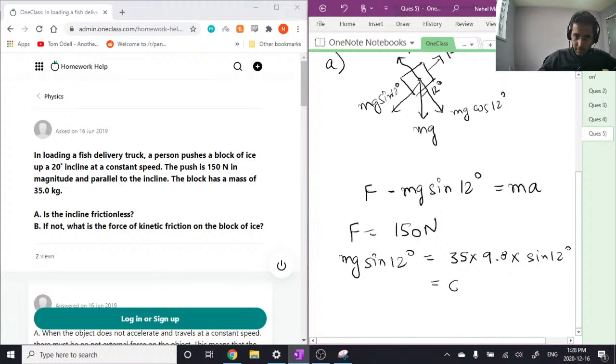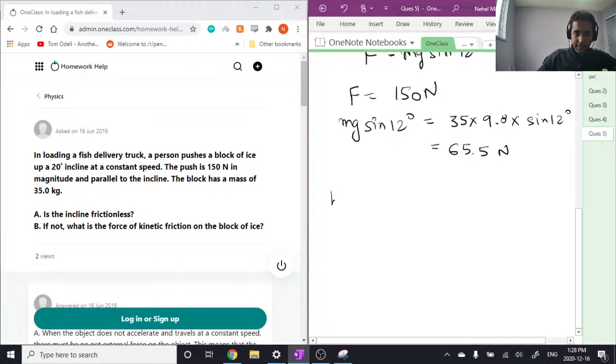So this value is equal to 65.5 newtons, let's say, and clearly these two values are not equal. Therefore, we must have an additional friction component acting on this block in order for it to move up the incline without any acceleration.